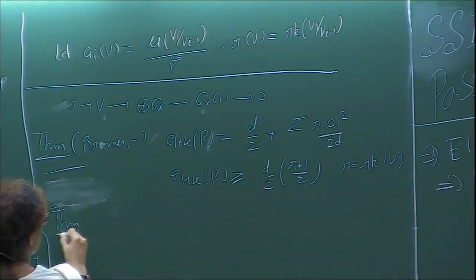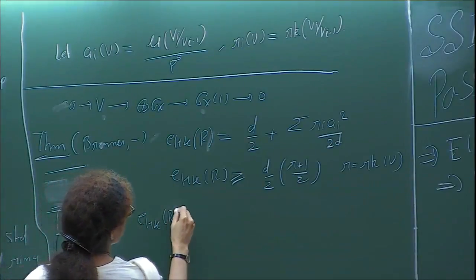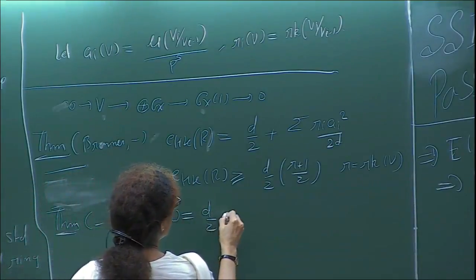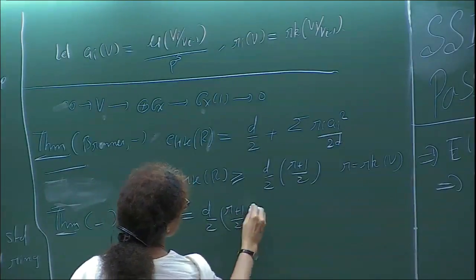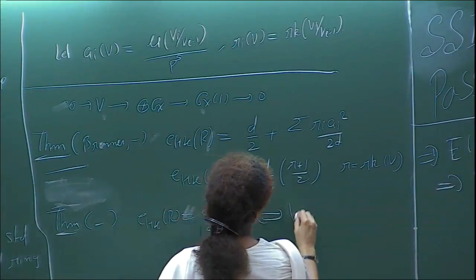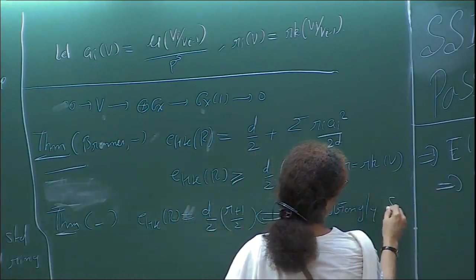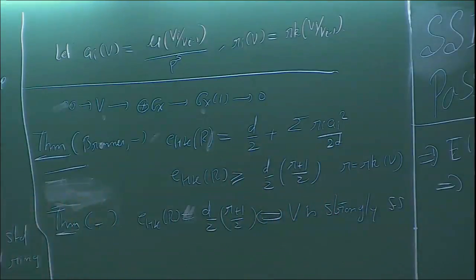And e_HK of R is equal to d/2 times (r+1)/2 if and only if V is strongly semi-stable. So e_HK decides whether the bundle is strongly semi-stable or not.